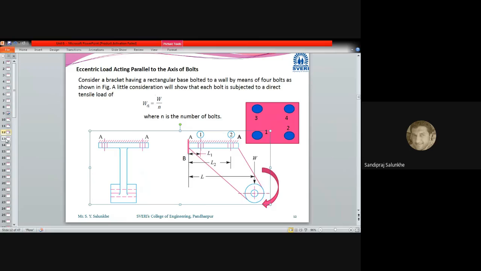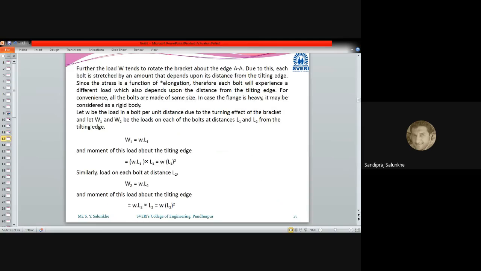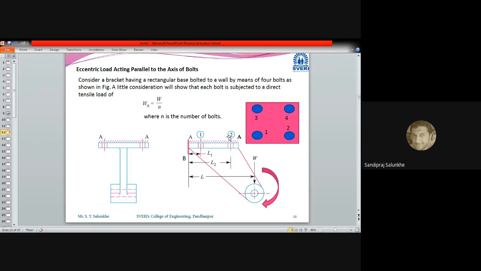The force acting at L2 distance, W2, is given by small w multiplied by L2, because small w is intensity per unit length multiplied by length.